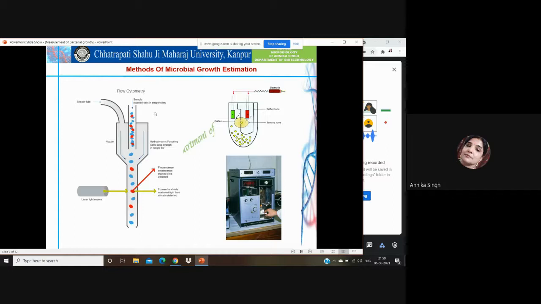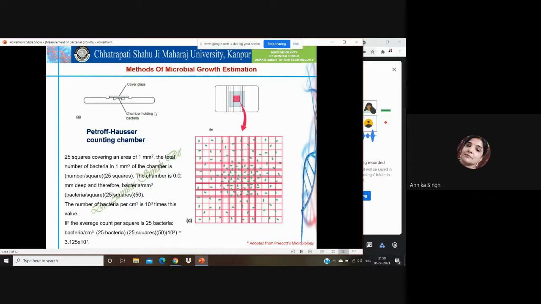Now we move towards the Petroff counting chamber method, which is a very popular method to count cells. Particularly, the hemocytometer is a type of Petroff counting chamber method.